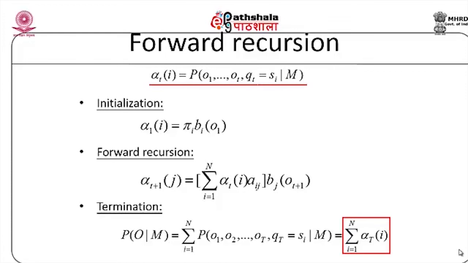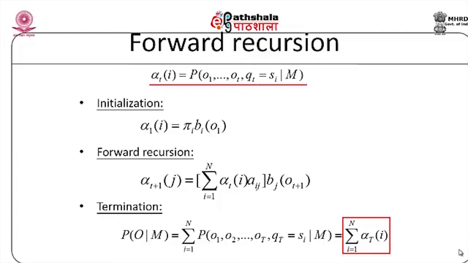What is the forward probability? That is nothing but the initial probability of the state i and the probability of emitting the observation O1 at the state i. So, that can be given without calculating anything else, everything is given to us. The model gives you that pi and b, so nothing is needed.